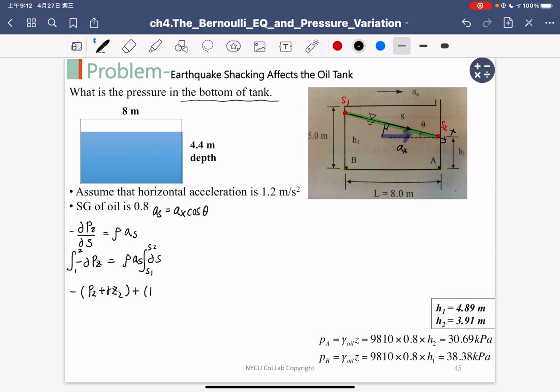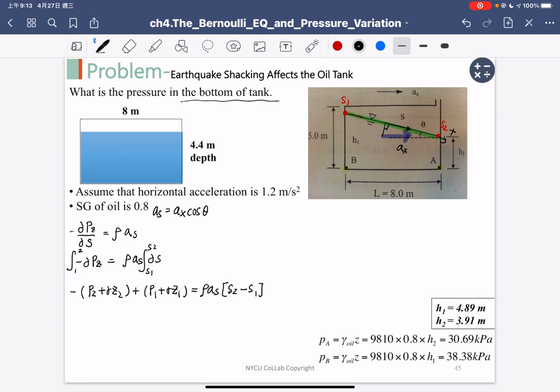So this is P1 plus gamma Z1. And the right hand side is equal to rho AS times streamline point 2 minus streamline point 1.